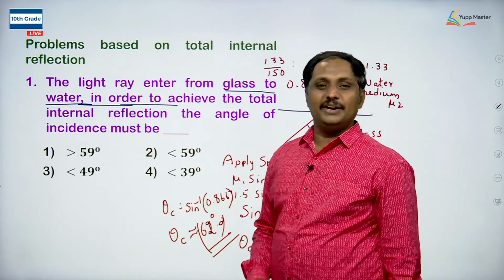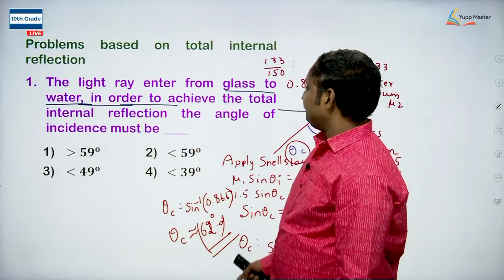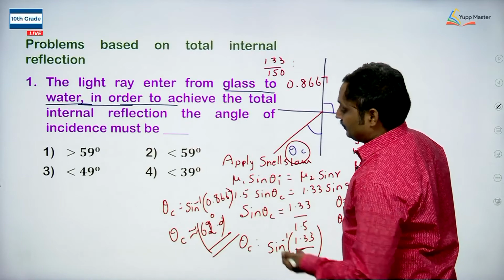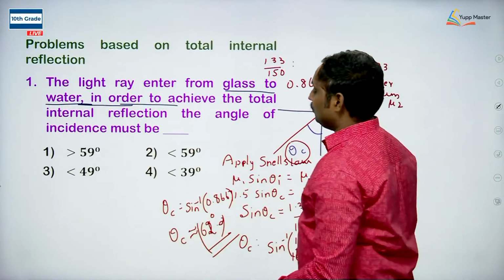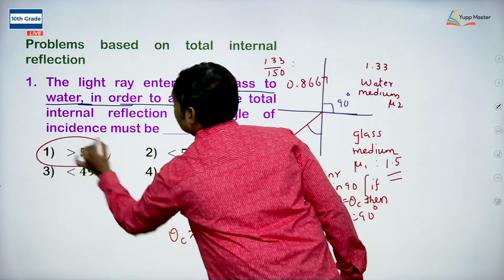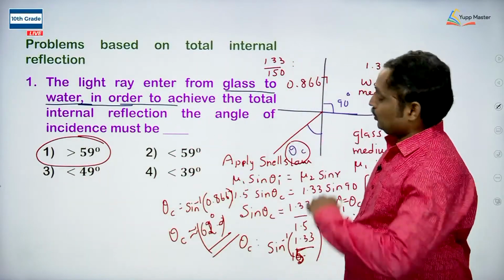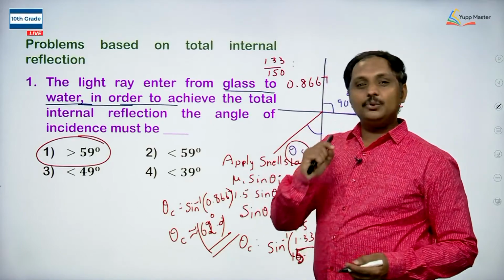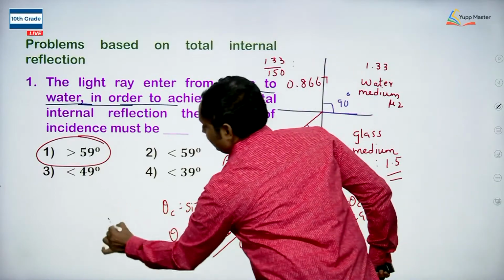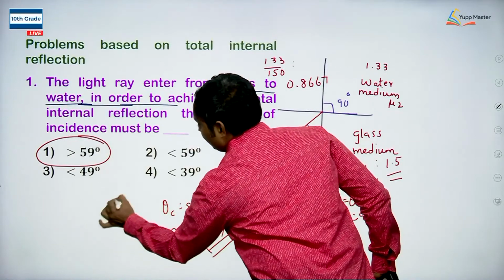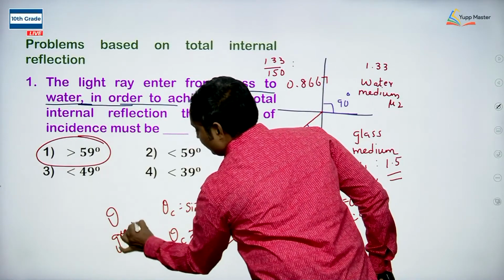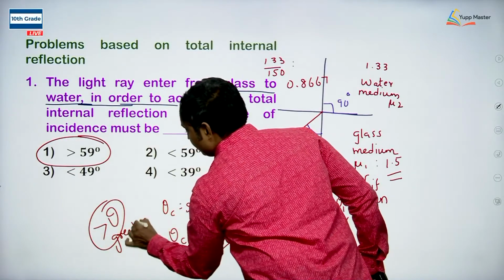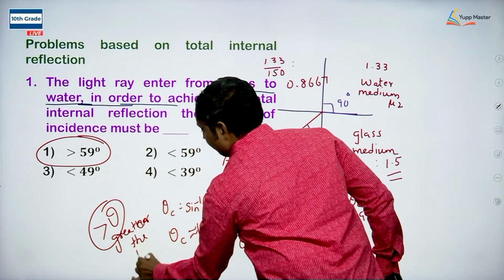That is how you can decide now. What is the answer? If theta c is going to be 62 degrees, the angle of incidence has to be greater than 62 degrees.